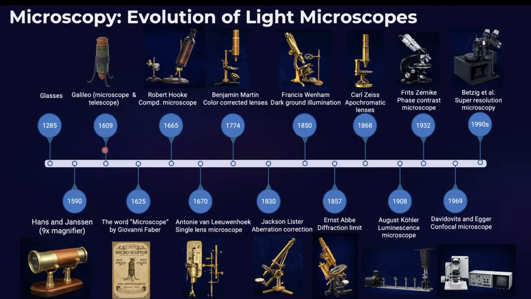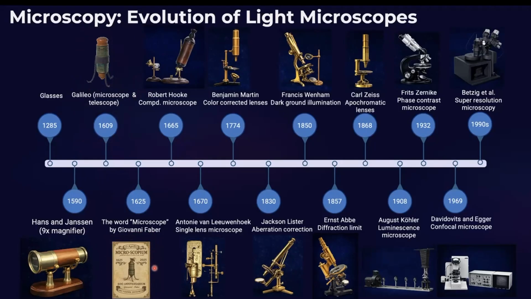At the beginning of the 17th century, Galileo became very much interested in the telescope. He also used the microscope, and this microscope was used by his collaborator and friend Giovanni Faber. He was not a scientist, but he was interested to look at objects such as plants and parts and draw their structures.